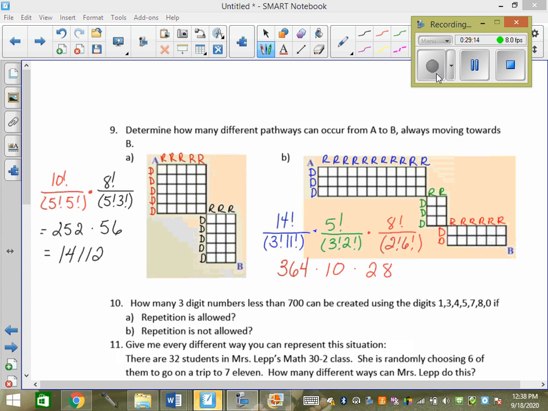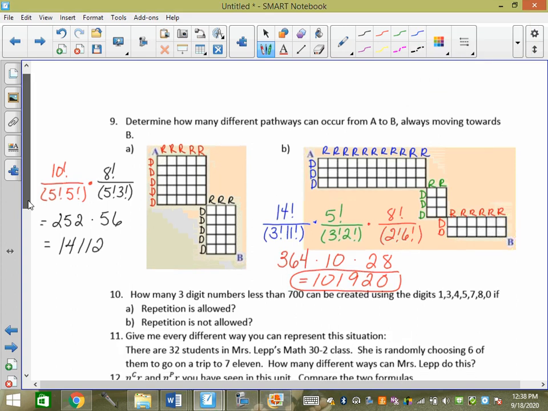So we get 364 times 28 times 10, which is 101,920 paths. And we go to 10.